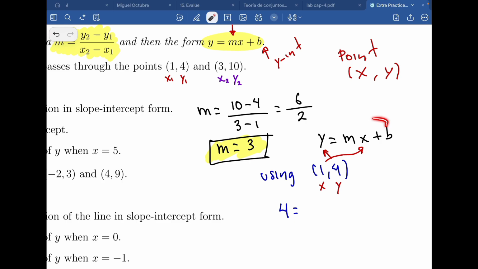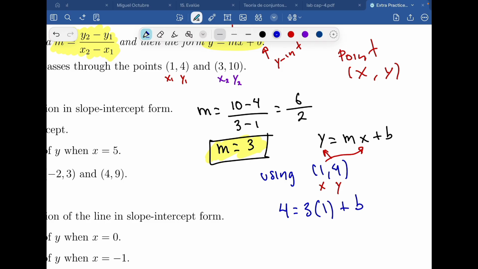I am following this. M is 3 times, what is x? 1 plus b. By doing this, I'm going to find the y-intercept, this b. So 4 is going to be 3 plus b, since 3 times 1 is 3.